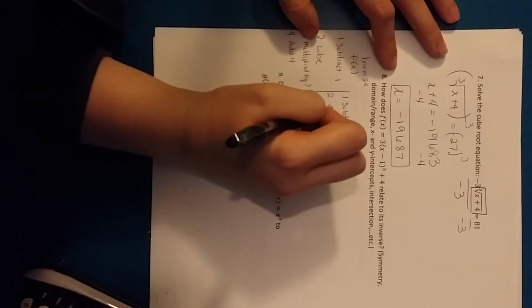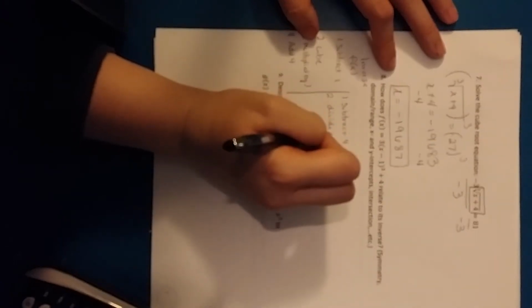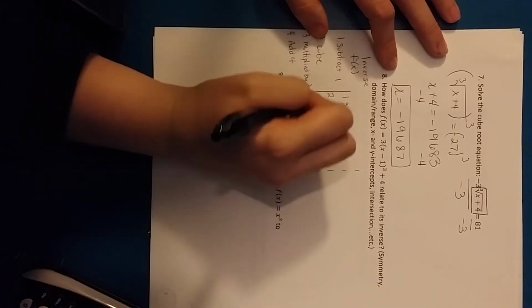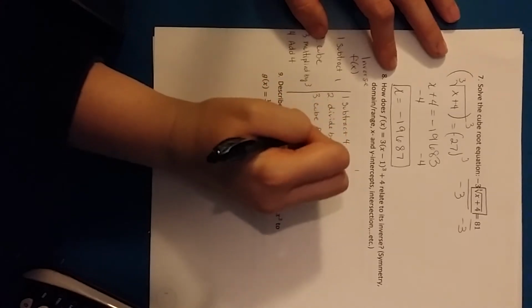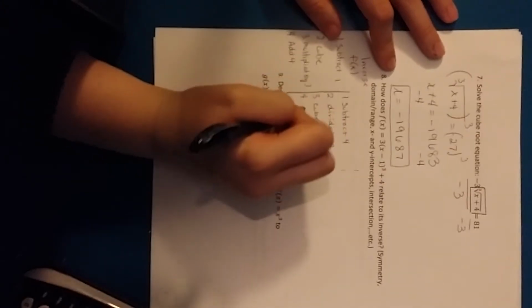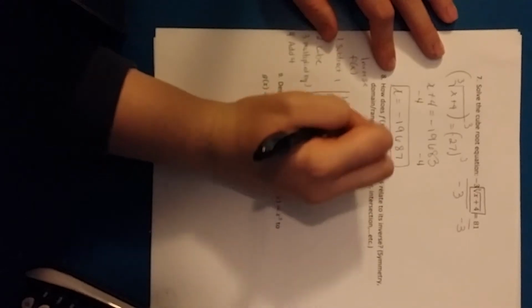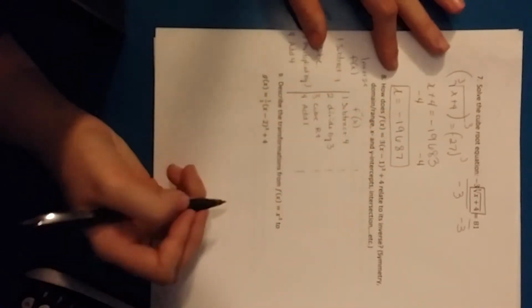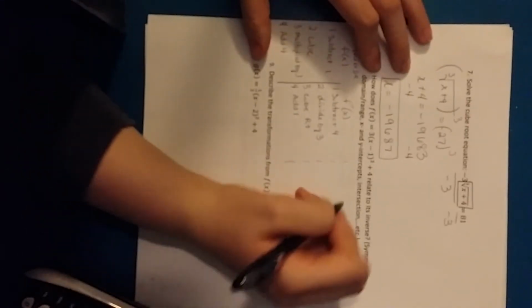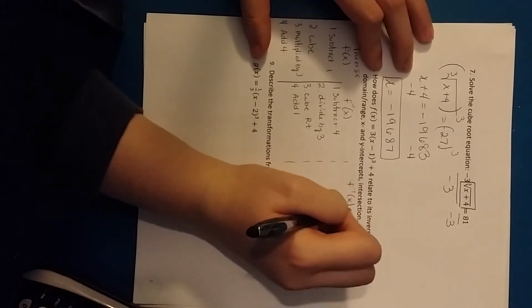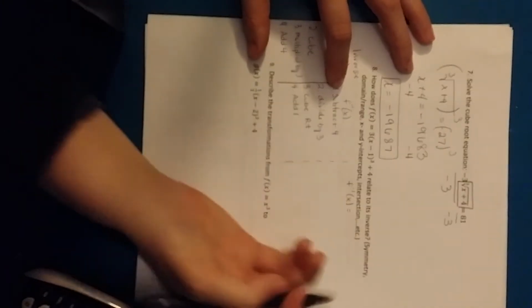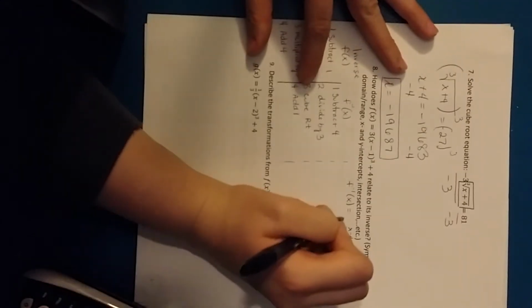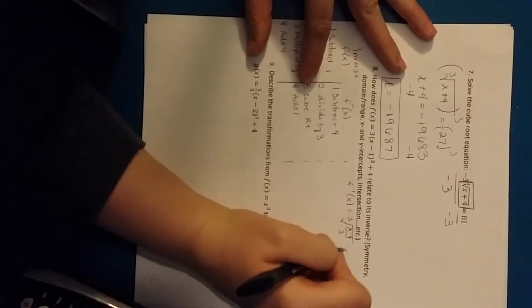Divide by 3. Cube root. And add 1. So x minus 4, divide by 3, cube root, add 1.